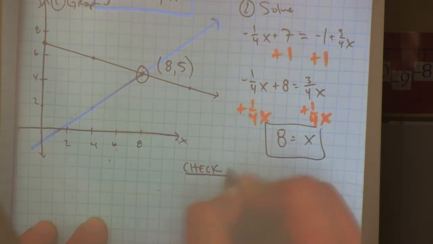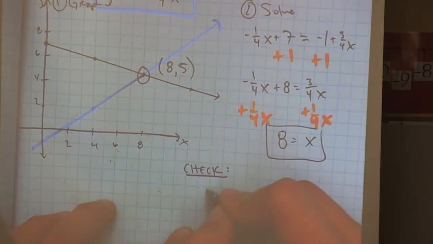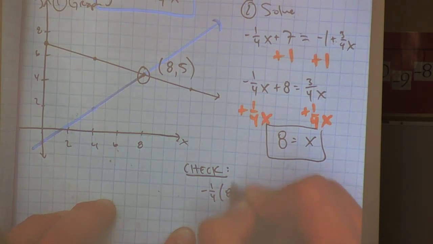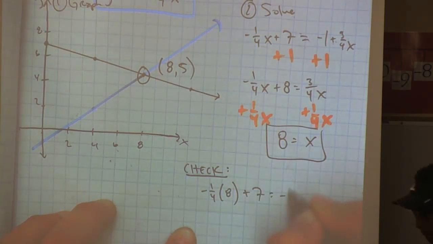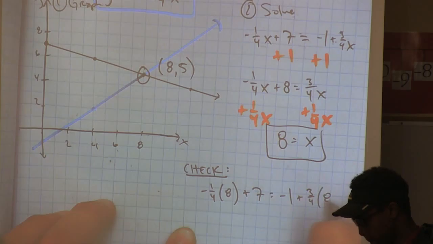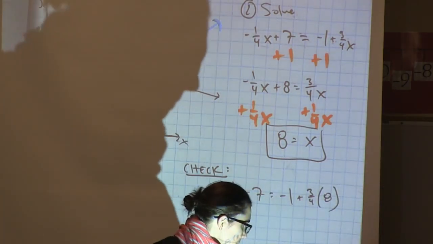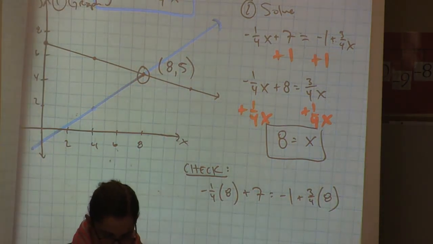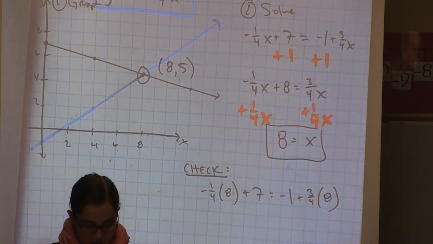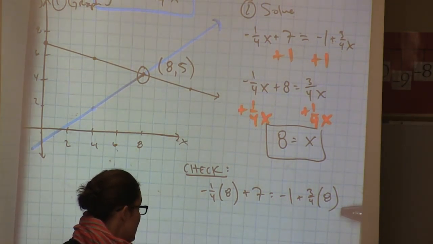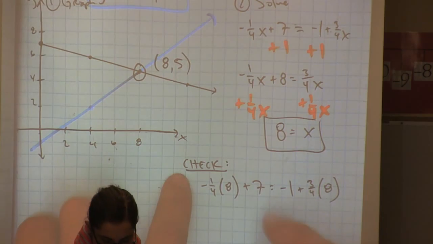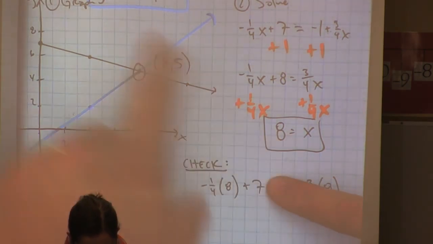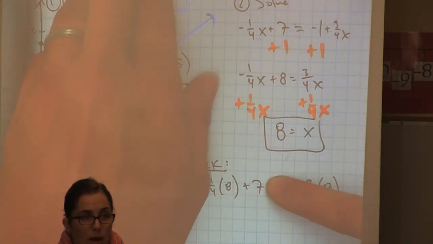Check. So I would plug this in, and I'd have -1/4 times 8 plus 7, and -1 plus 3/4 times 8. Also note that plugging 8 in is really just plugging it into y equals right here.